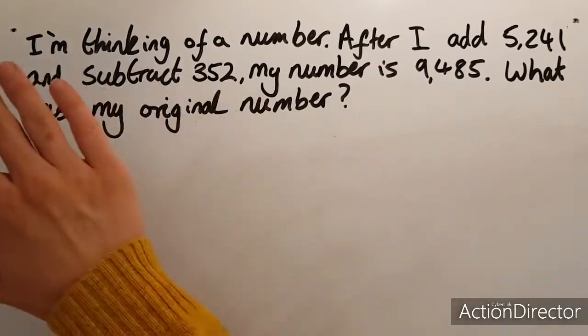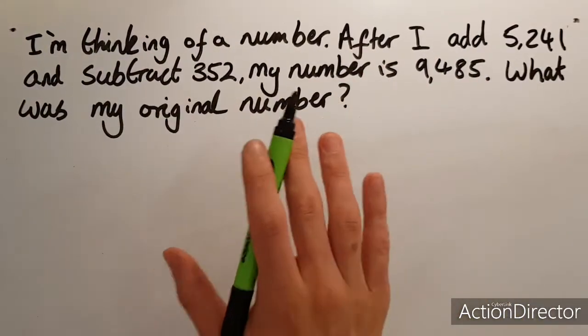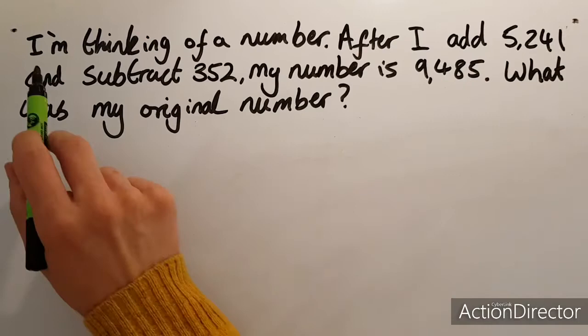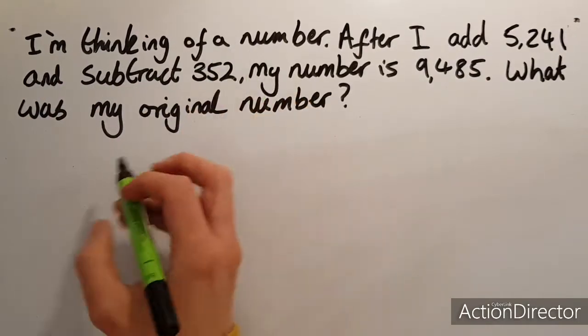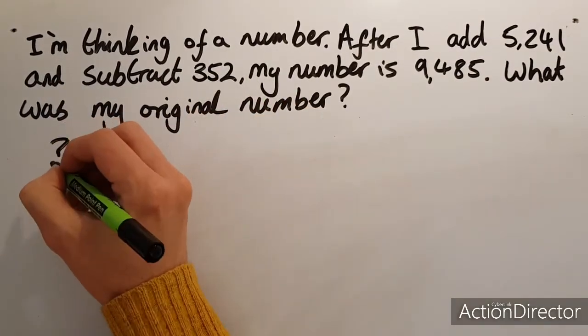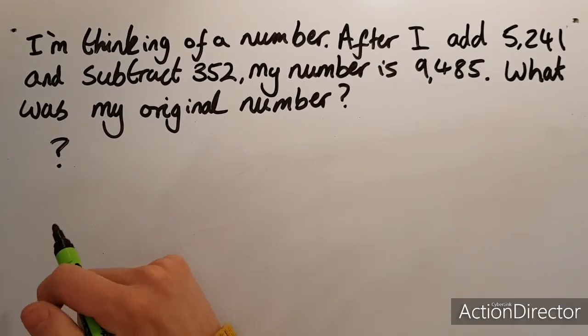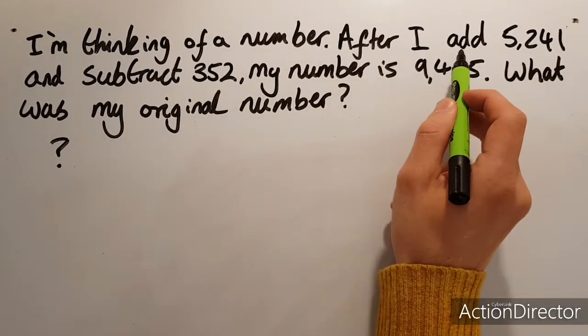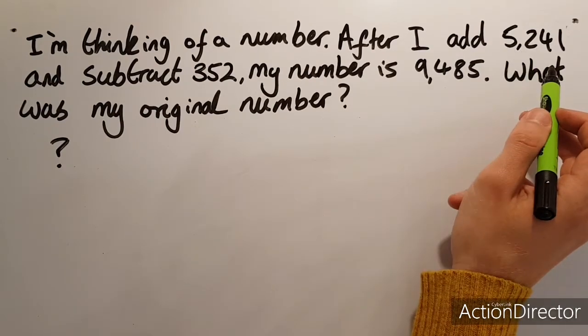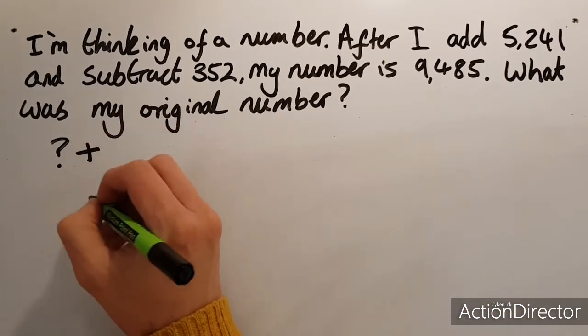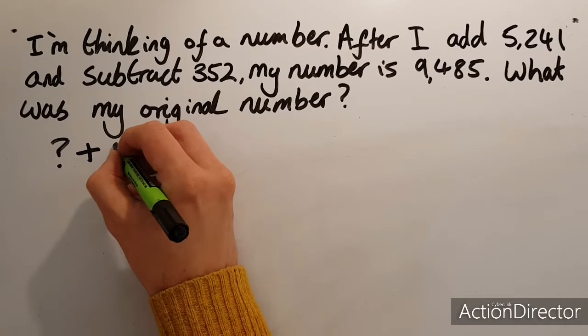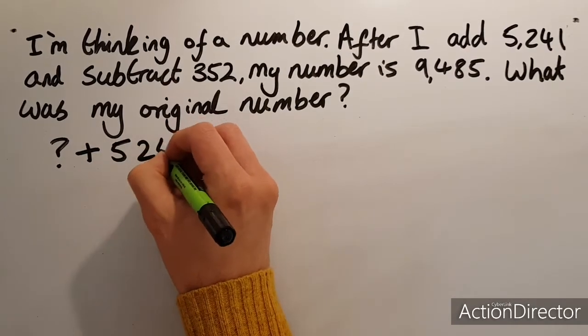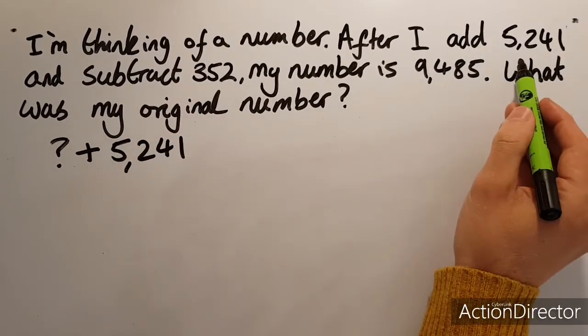So I've got this word problem, but I'm now going to change it into a number sentence. Okay, so I'm going to start from the beginning. I'm thinking of a number. I'm just going to put a question mark because I don't know yet what that number is. So to this mysterious number, I'm going to add 5,241.